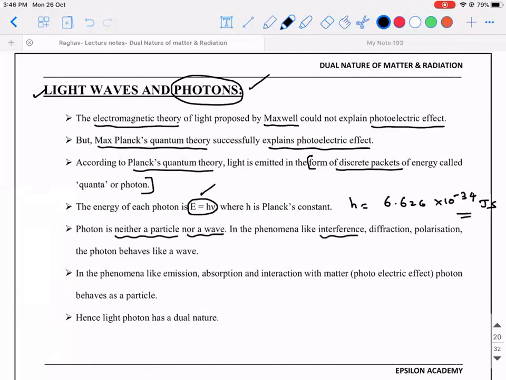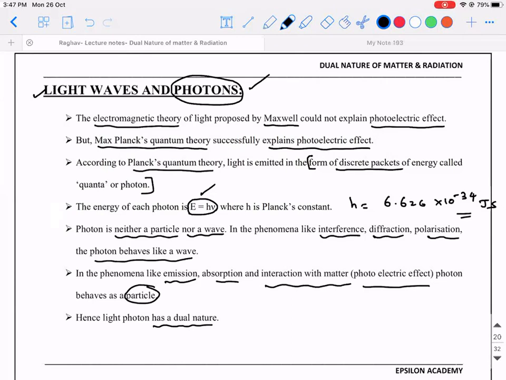When you explain phenomena like interference, diffraction, and polarization, photon behaves like a wave. Whereas when you explain phenomena like emission, absorption, and interaction with matter, that is the photoelectric effect, photon behaves like a particle. So photon has dual nature, but photon is nothing but a packet of light energy. This is just an introduction of the term photon.